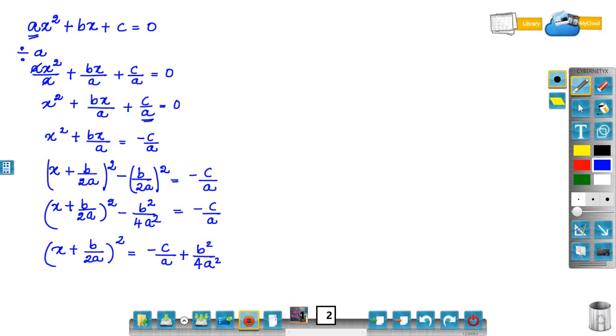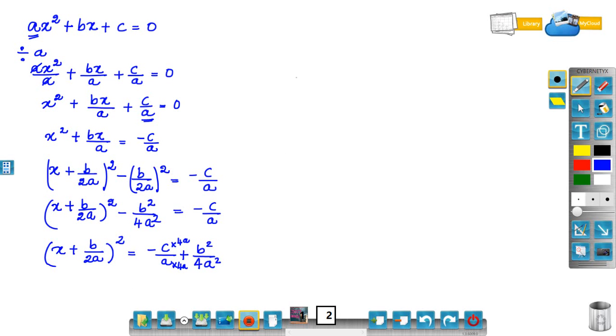Now, the next step is to take the LCM of the right hand side, that is in the first fraction we have minus c by a, and in the second one we have b square by 4a square. So, the first fraction we have to multiply by 4a to the denominator to make it 4a square, and multiply with the same term in the numerator.